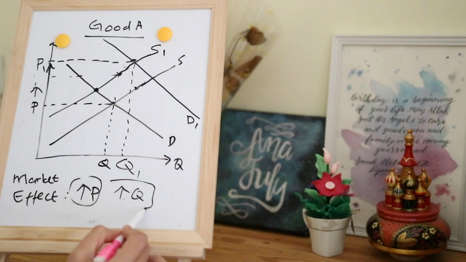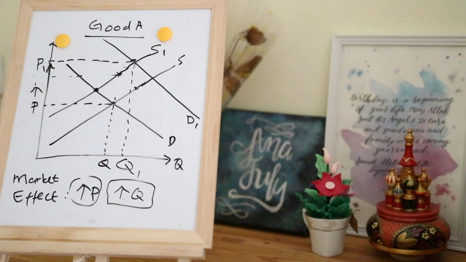This shows that when you have two factors influencing both the demand and supply curve, the market effect depends on the degree of shift of the curve. The result will be different if we have a different degree of shift, on either the demand curve or the supply curve.